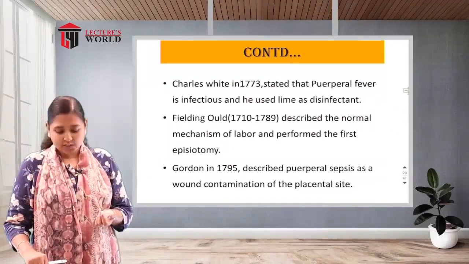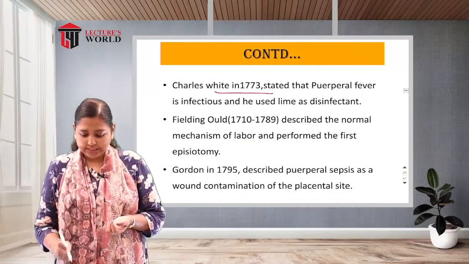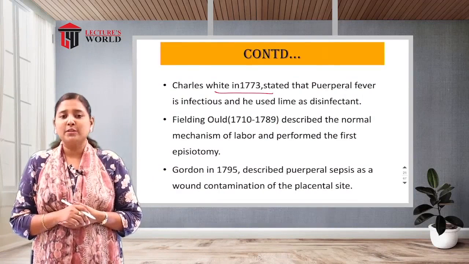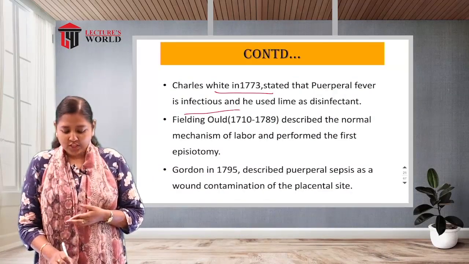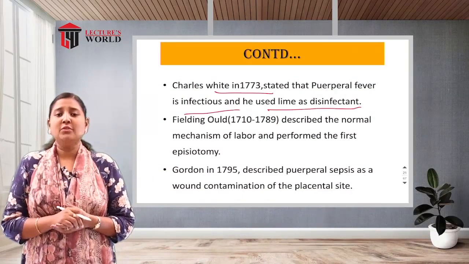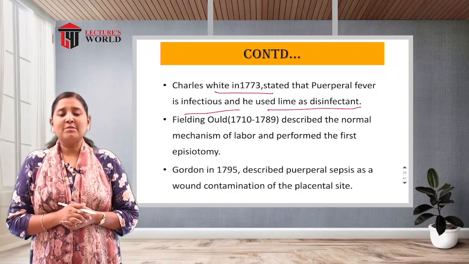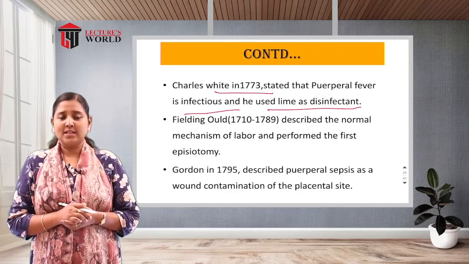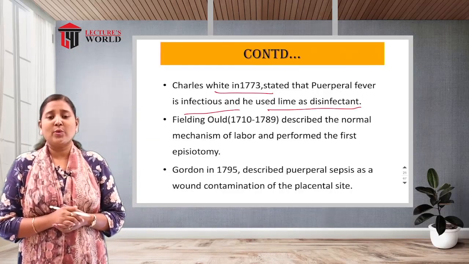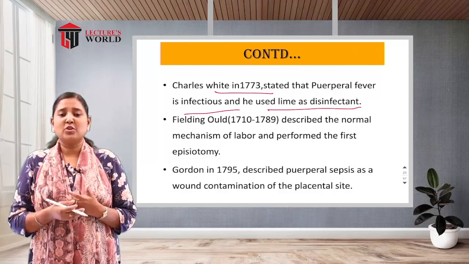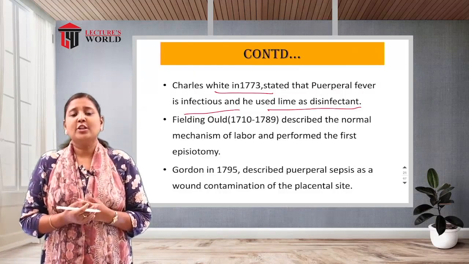Continuing with the 18th century, in the year 1773, Charles White first stated that puerperal fever is infectious, and he used lime as a disinfectant. After the delivery of the mother, during the postnatal period, there can be more chances of puerperal sepsis. Infection can spread from the vagina due to the lochia, or due to lack of personal hygiene at that time.